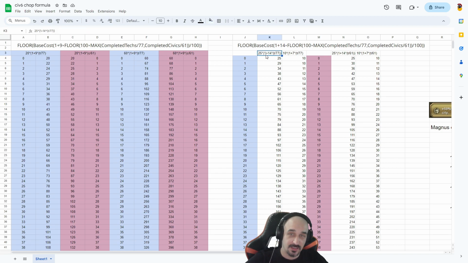So projects have a similar formula, but it's completely different. The idea is the same. It depends on how many techs or civics you discovered. The more techs you discovered, the more great person points you'll get, and the more production you have to spend on that project. The same thing with culture. I want you to notice that it is always 2 chops to get a project in a single turn.